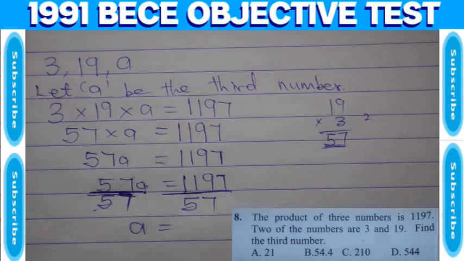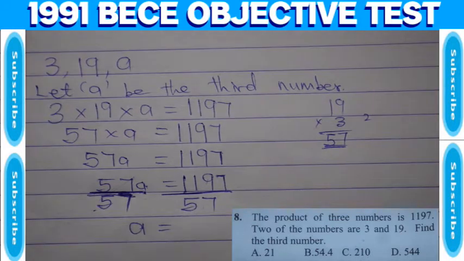Let's search for a common factor that can divide this and that. Let's begin by using the least number that we know can divide 57 and 1197. So let's use 3. 3 divides 5 a single time, remainder 2.